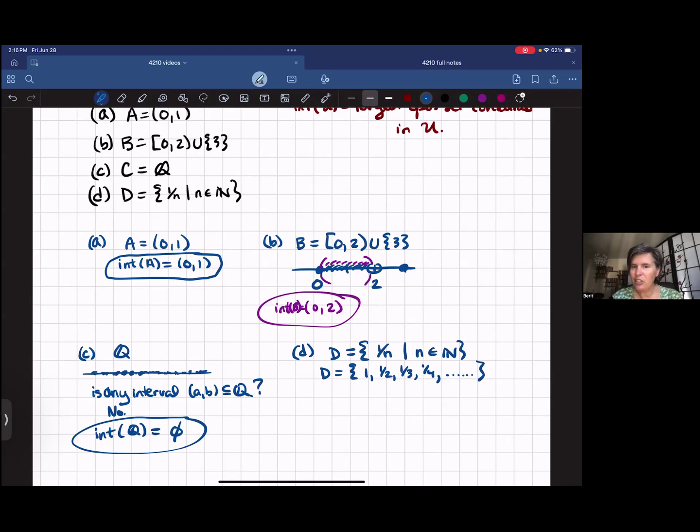No. The points of D look like the point 3 in the problem above. They're sort of away from each other, so there's no stretch where I can squeeze in an interval. It's just individual points. And so the interior of D is also the empty set.